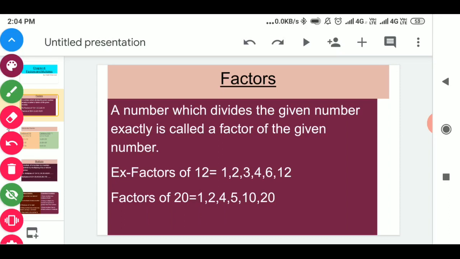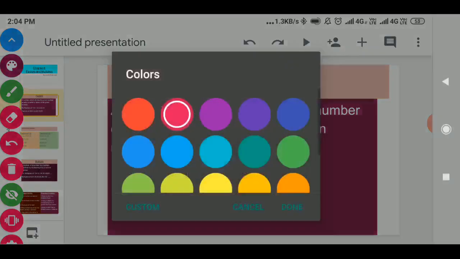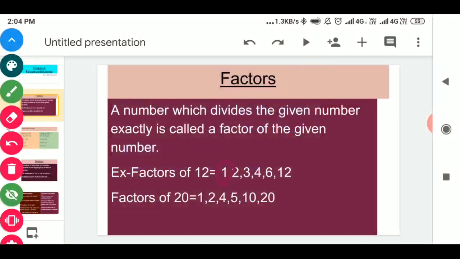If we talk about the factors of 12, we take the numbers which divide 12 exactly without leaving any remainder. 1 can exactly divide 12, so 1 is a factor of 12. 2 can divide 12 exactly without leaving any remainder, so 2 is a factor of 12.